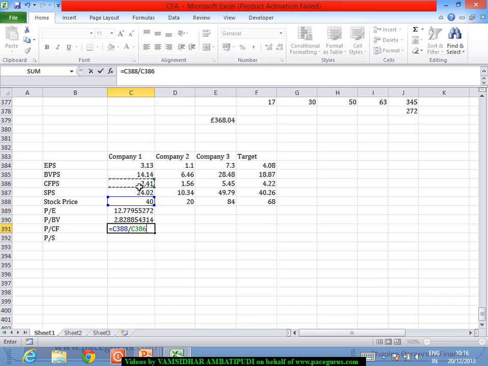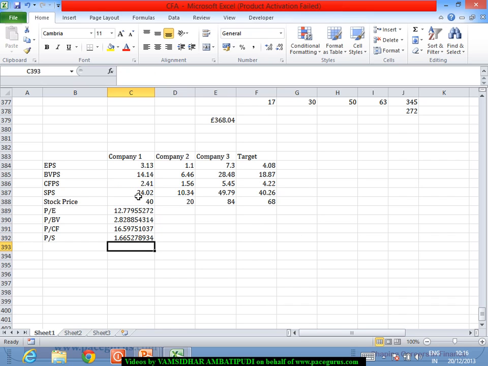Price to cash flows is going to be this much, and price to sales is going to be this much. I can replicate the same for all my other competing companies.